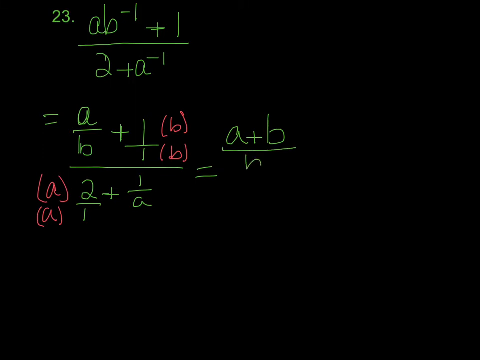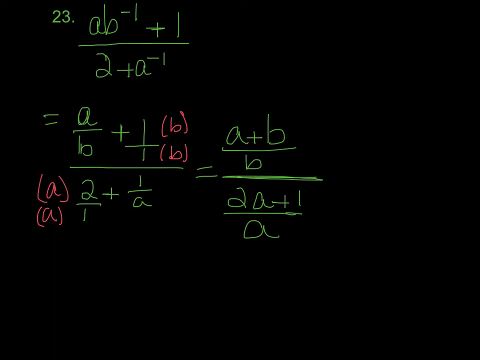And then in the denominator, I'm going to have 2a plus 1, and that is going to be over a. Now I have a complex fraction, and notice my numerator contains 1 term, and my denominator contains 1 term.